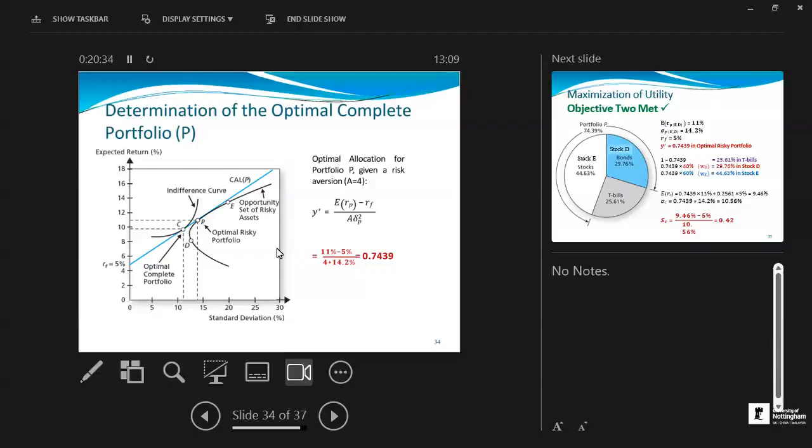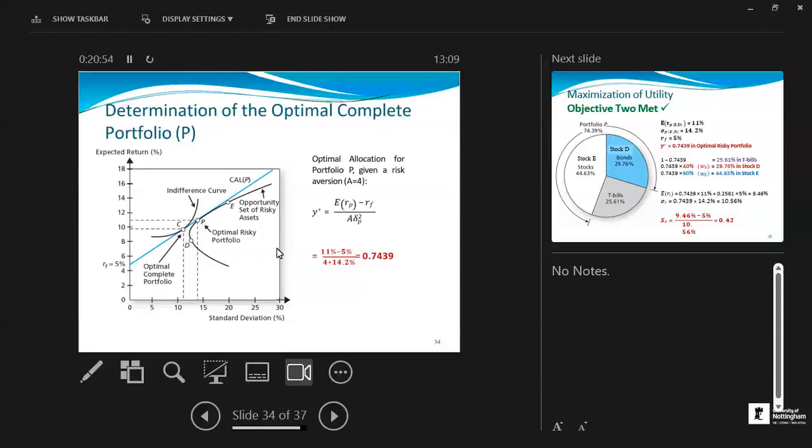Okay, good. So what are we going to do now? Previously we created a risky portfolio consisting of stock D and E, invested 40% in D, 60% in E. That's all of our investment.